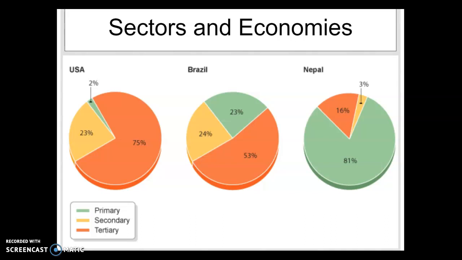So another reason, you've got a lot of growing economies such as Brazil, China and India, which are competing in the secondary sector because they have lots of factories, lots of people working in factories. So other economies are competing in the tertiary sector instead. As countries develop, they have a bigger public sector, which provides services.